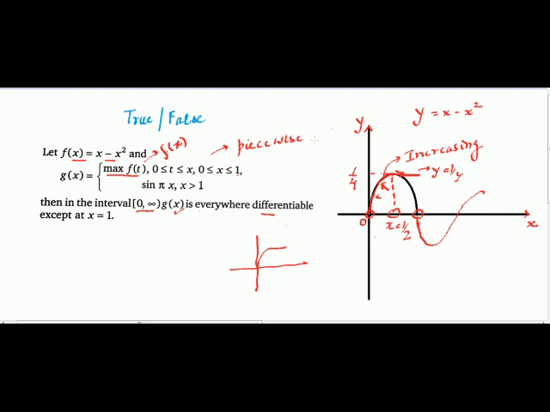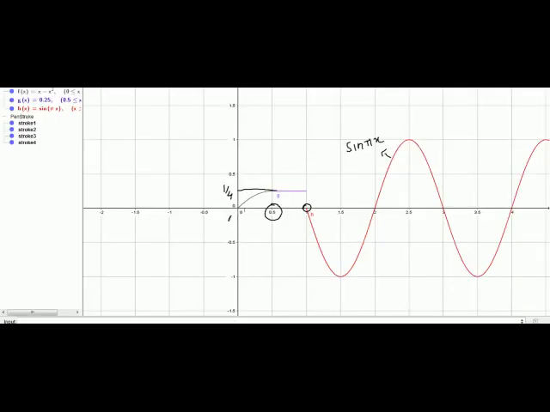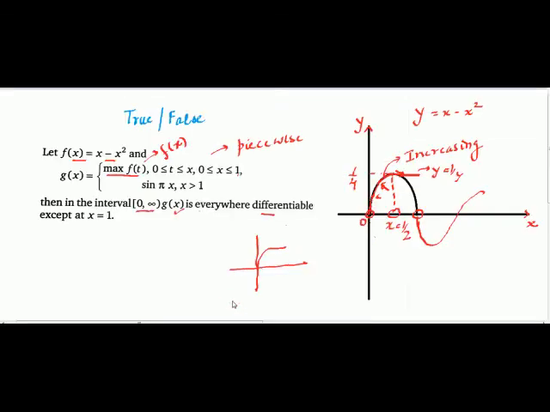Therefore, when it says that it is differentiable everywhere except at x equal to 1, we can see that in the entire interval from 0 to infinity, the function will be differentiable because it is not showing any kind of corner or discontinuity except at this very point. Hence the statement is actually true, because it says it is differentiable everywhere except for 1. So basically your answer will be true.